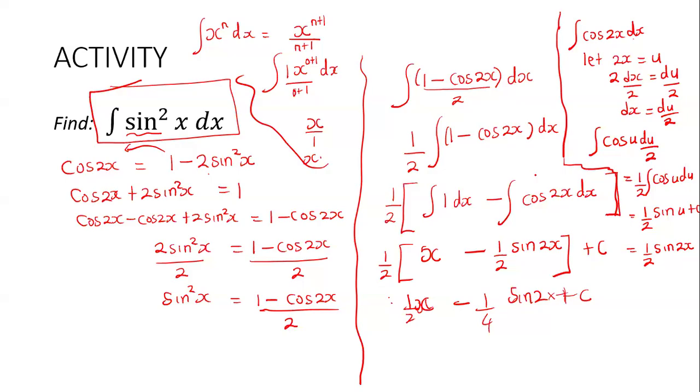Yes, Natasha. I would like to know the cos 2x. Is it an identity where you said cos 2x equals 1 minus 2 sine squared x? Yes, that is an identity.